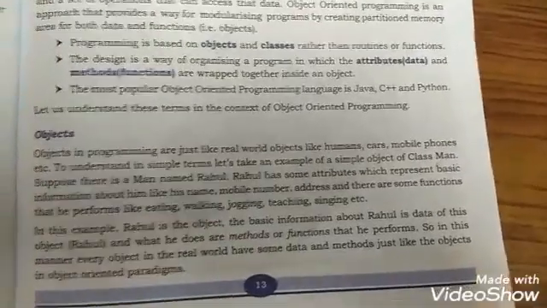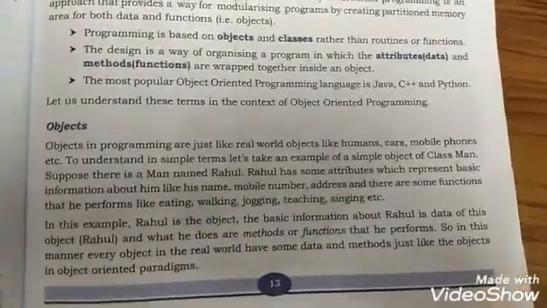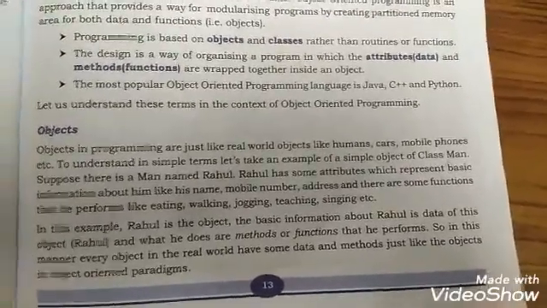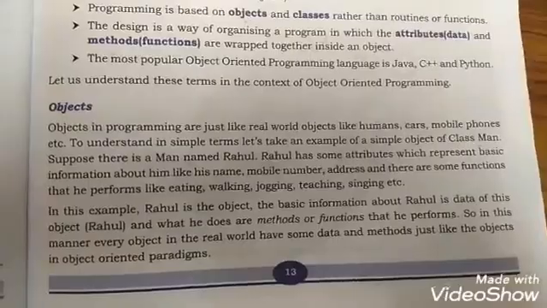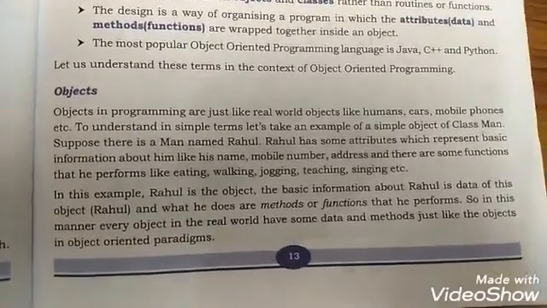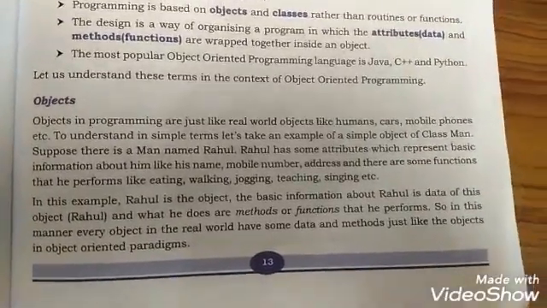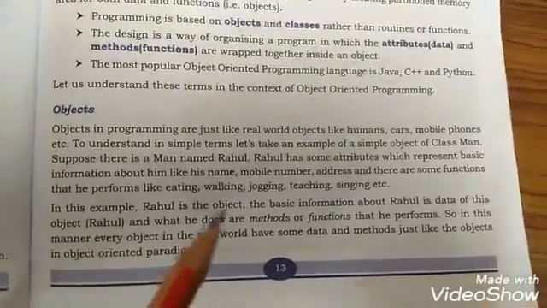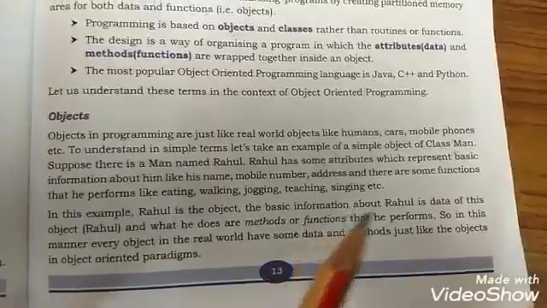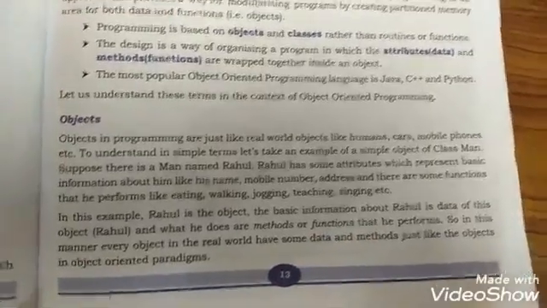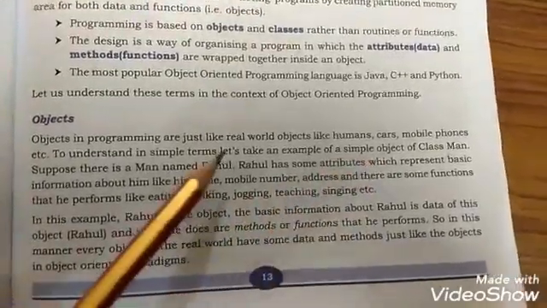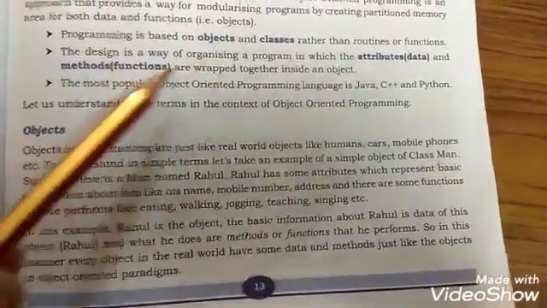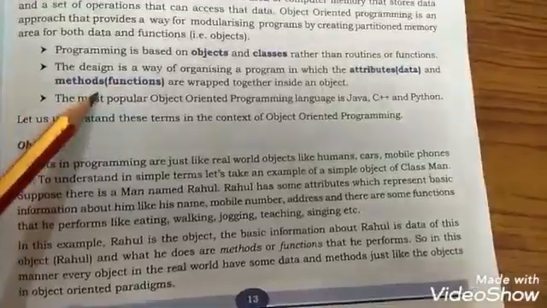Rahul has some attributes or data which represent basic information about him, like his name, his mobile number, address, and there are some functions that he performs like eating, walking, jogging, teaching, singing, etc. So if men is the class, then each class will have attributes as well as functions or methods.